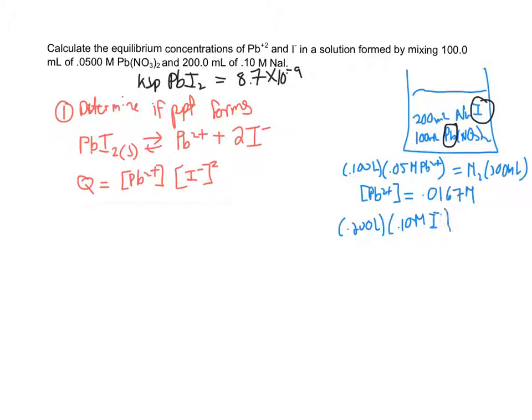I'm going to do the same thing with the other one, so 0.200 liters of the 1/10 molar I− equals M2 times 300 milliliters. And I end up with the I− concentration being 0.0667 molar. So I'm going to plug these values into my Q expression.